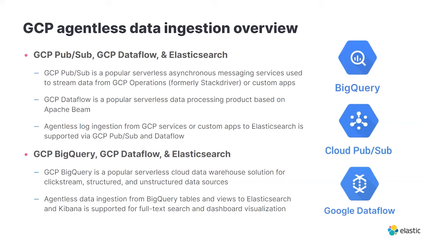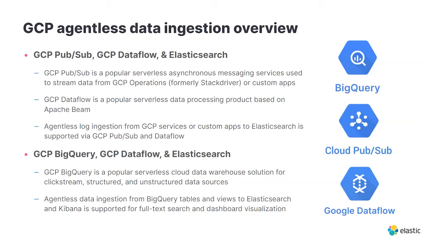For the first use case, I'm sure a lot of you know GCP Pub/Sub. This is a very popular serverless asynchronous messaging service. Basically, you stream data from GCP ops or custom apps. Let me give you an example. You may be creating logs or events from GCP Cloud Audit, VPC Flow, or firewalls. When you generate these logs and events, they initially go into GCP operations.